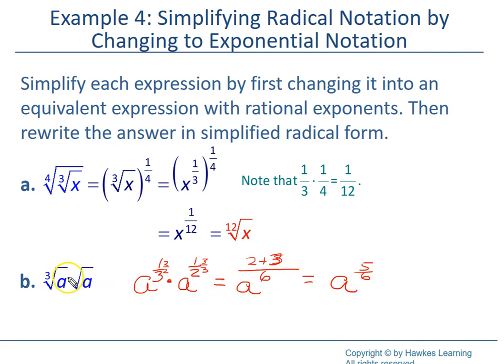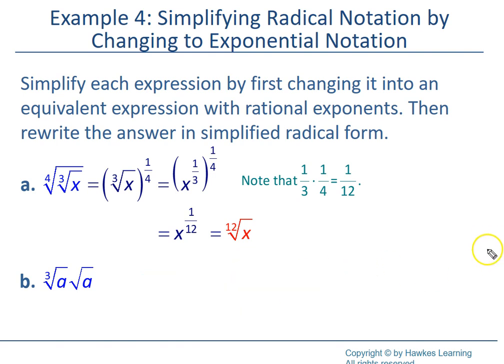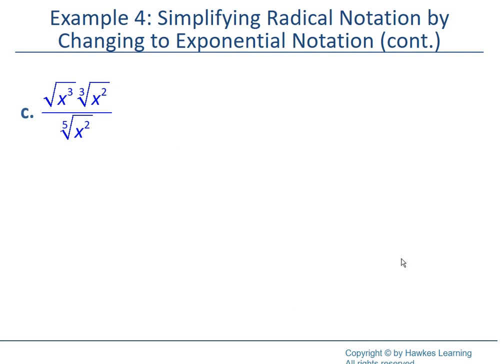So again, we're converting it from its radical to its exponential form, and then we just add our exponents. There we go. Again, we're simplifying. This is example 4.